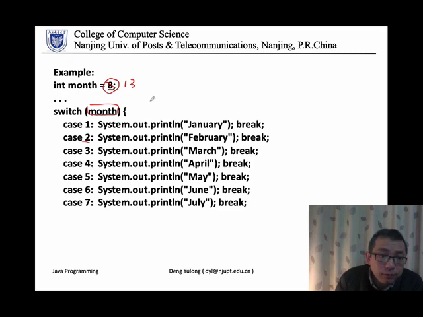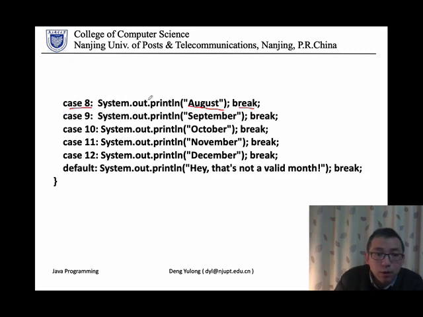We have 1, 2, up until 12, but 13 we don't have. In this case, the default branch will be matched, and we print out that there's no valid month, and then break.